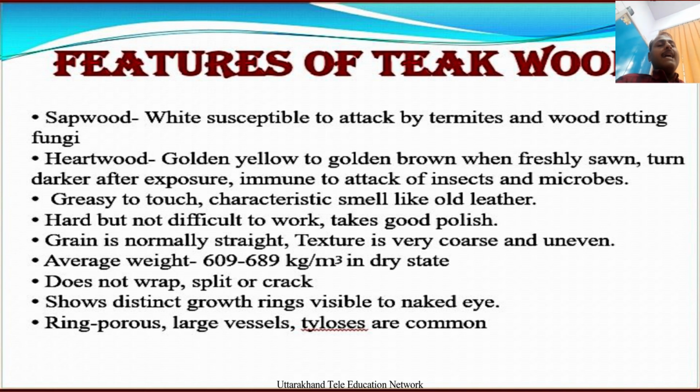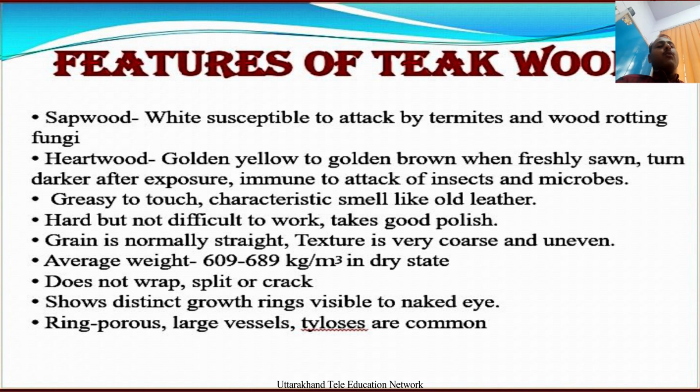It does not warp, split or crack. This is very important, which makes it suitable for utilizing in construction of buildings or fancy items. It shows distinct growth rings visible to naked eyes. You can easily see growth rings in wood of Tectona grandis.